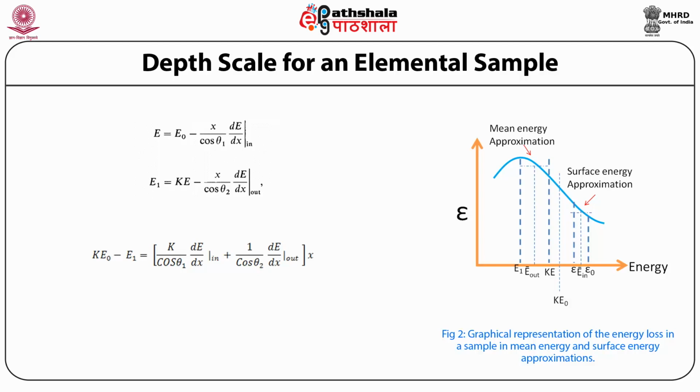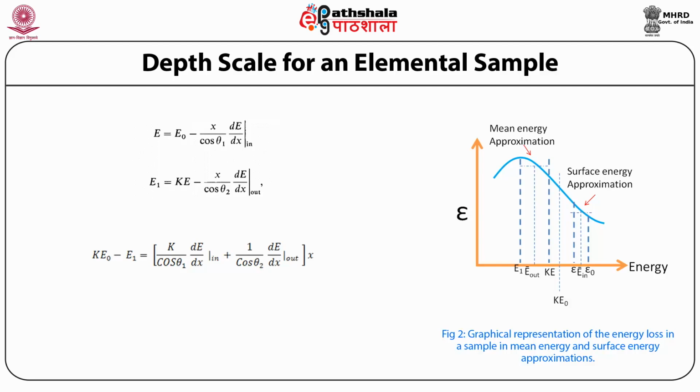By eliminating E from these two equations, we have KE0 − E1 = [K/(cos θ1 (dE/dx)inward path) + 1/(cos θ2 (dE/dx)outward path)] multiplied by x.